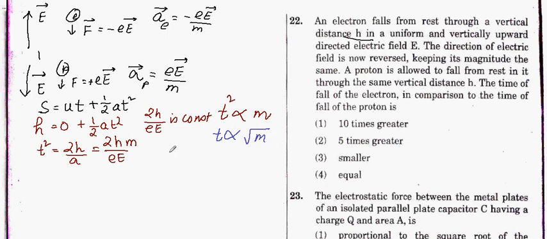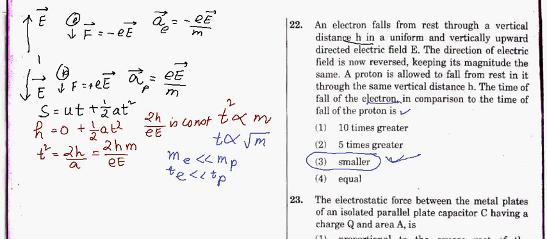Now all of you know that the mass of the electron is very much smaller than the mass of the proton, so the time taken by the electron should be very much smaller than the time taken by the proton. So the correct option will be: the time of fall of the electron is smaller in comparison to the time of fall of the proton. So 3 will be the correct answer.